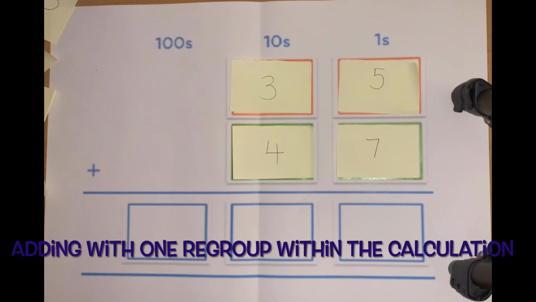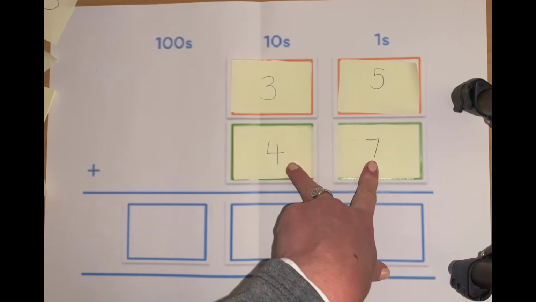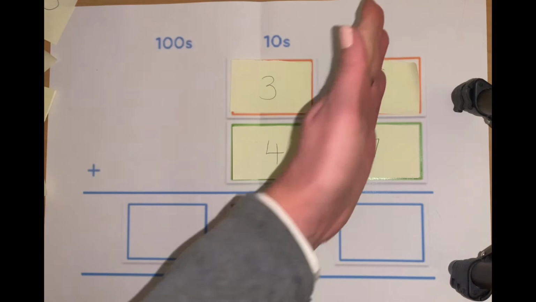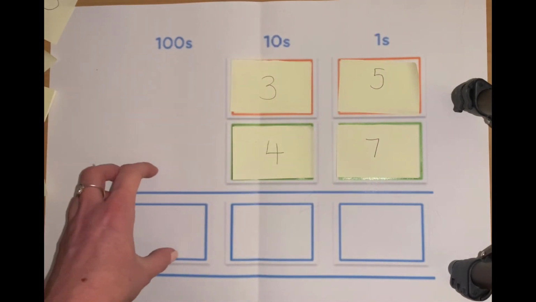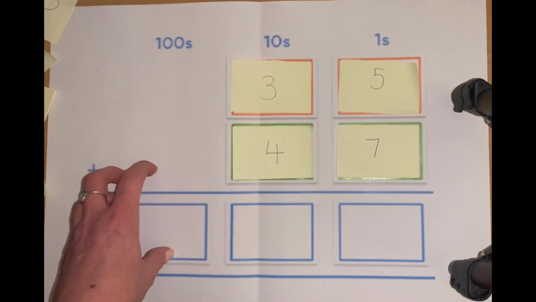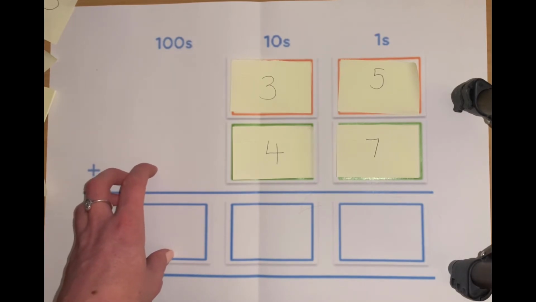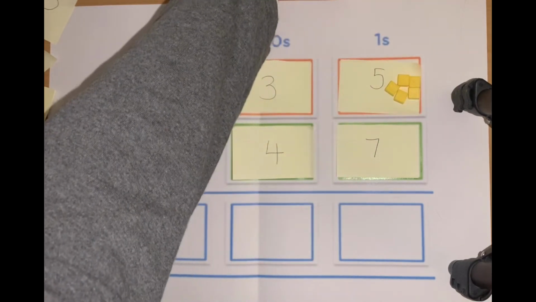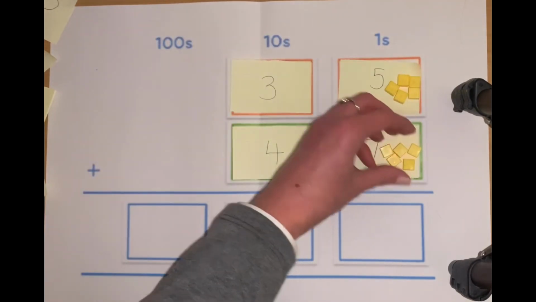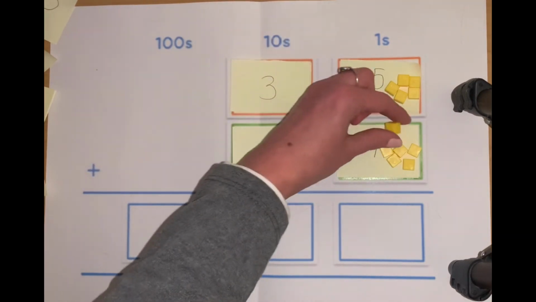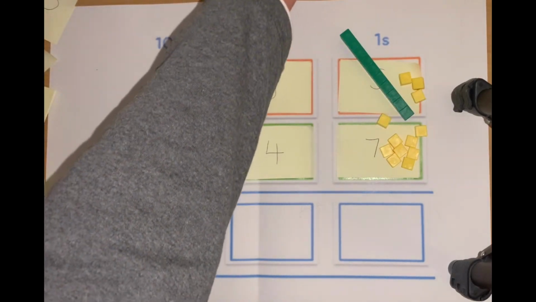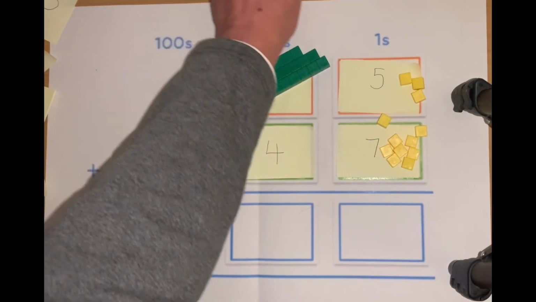Okay, so we are back with this same 2 digits with 2 digits, but this time you're going to notice that we've got to exchange in one of these columns, as well as exchanging if it takes us over 100, which it might not do, who knows. So we have got our 5 ones, and we've got our 7 ones, and we've got our 3 tens and our 4 tens as well.